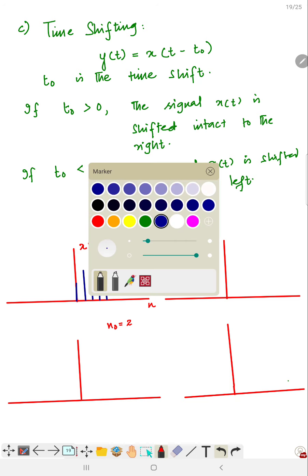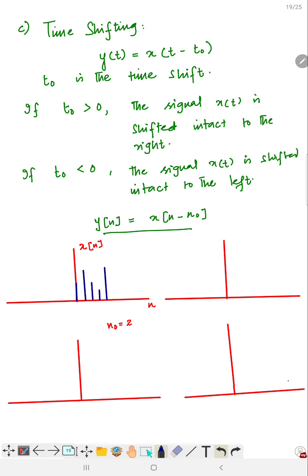Let me just mention the values here. This is the value at times 0, 1, 2, 3, 4. So I have in total 5 samples.